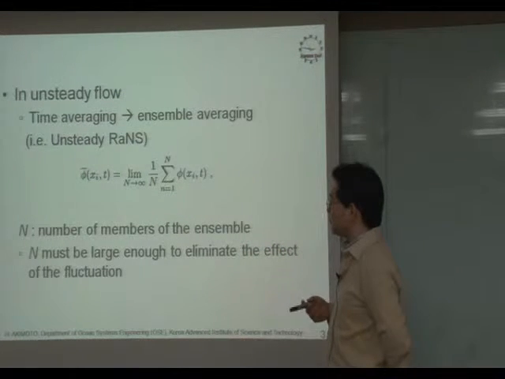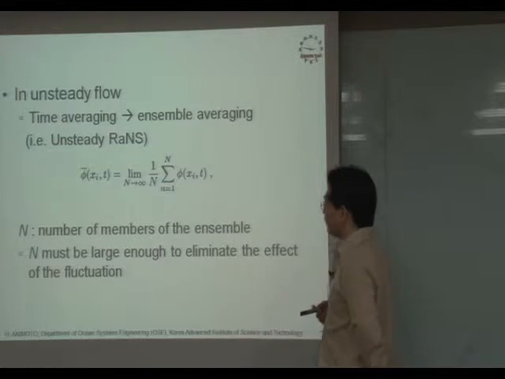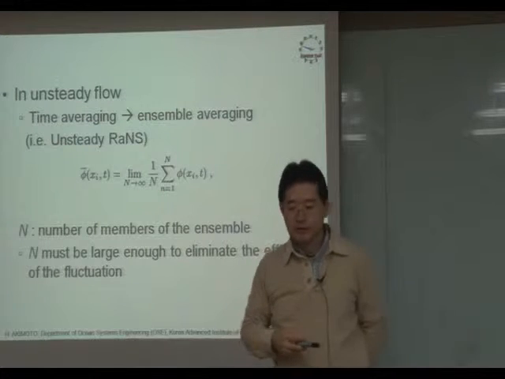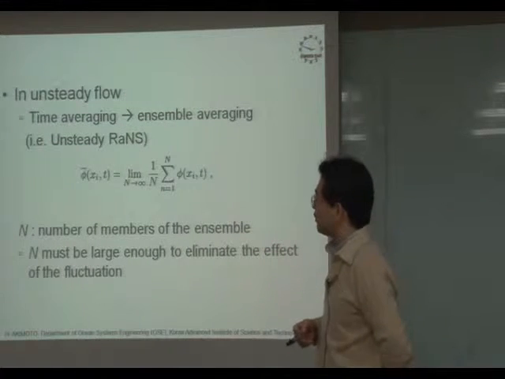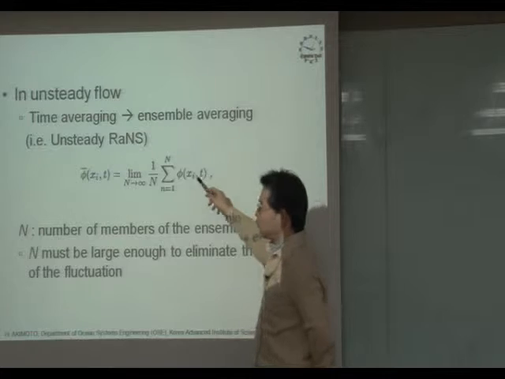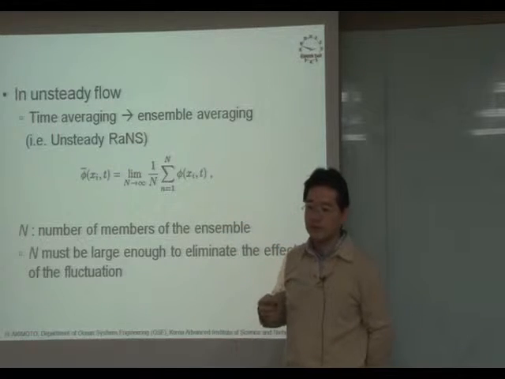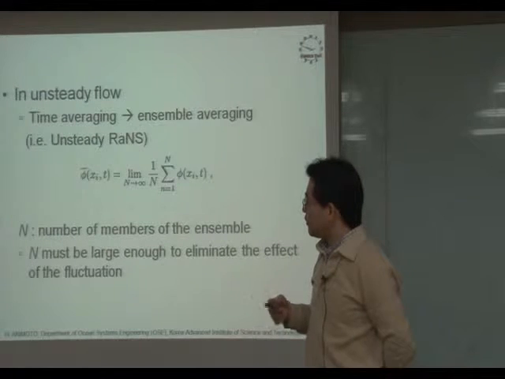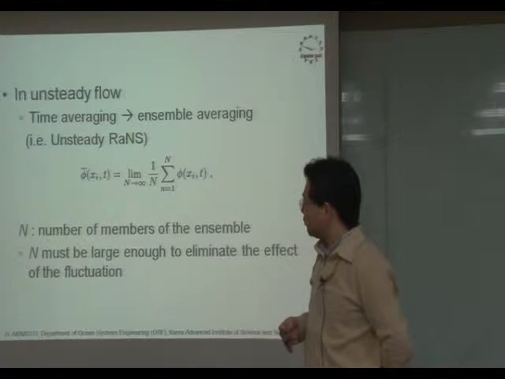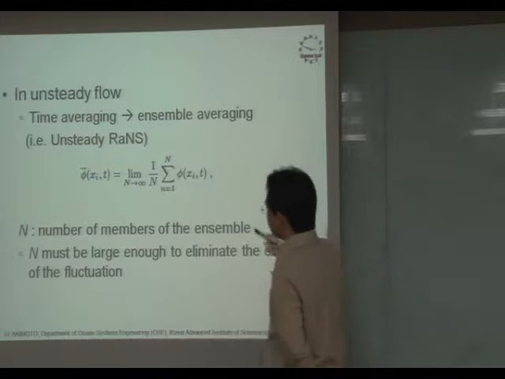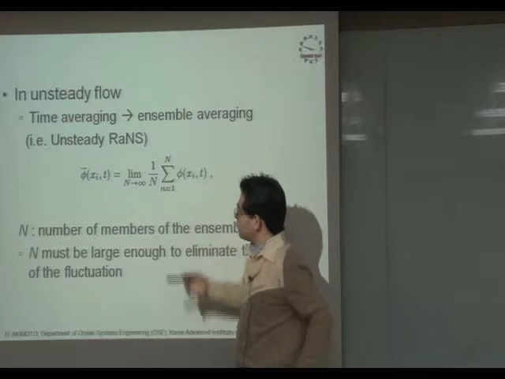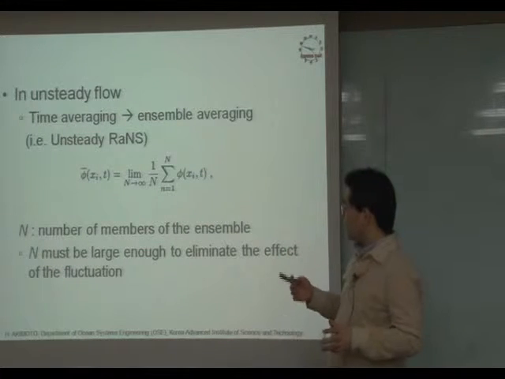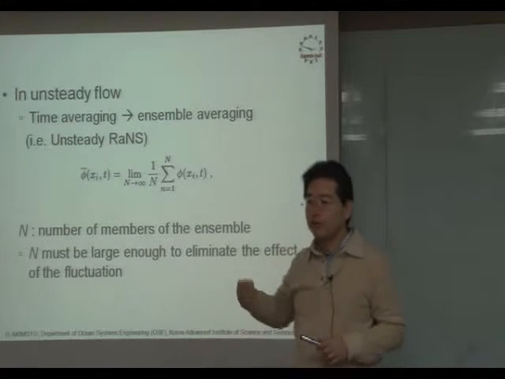Although this averaging does not appear in the numerical treatment, you have to keep this concept in your mind to understand what is going on in the simulation. In this case, the size of averaging must be large enough to eliminate the small fluctuations.